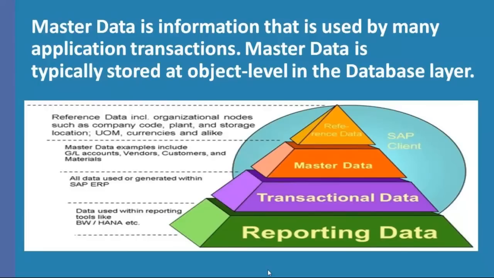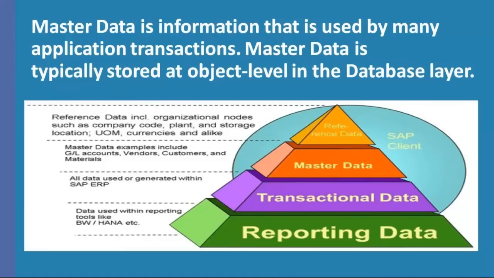Master data as usual, like customer, vendor, material, finance, etc. And then the reference data. Reference data means payment method, payment terms, unit of measure, material type, currencies. So these are all different reference data. These are all the different types of master data structures we have, and all are supported by MDG.